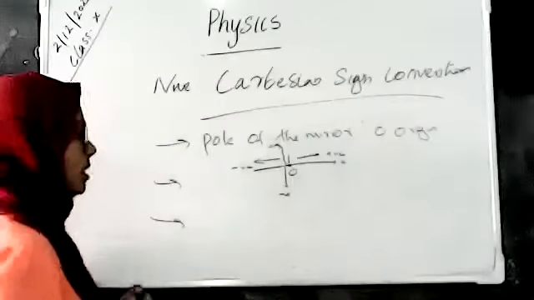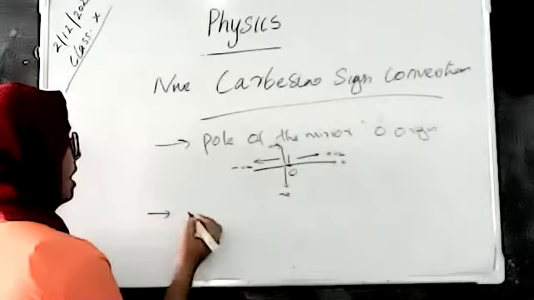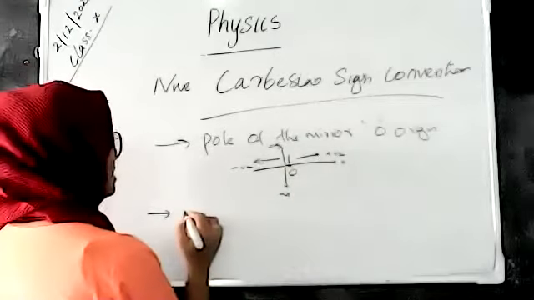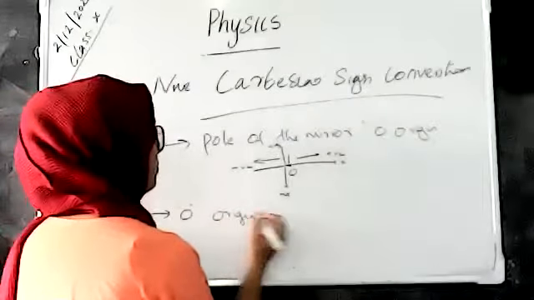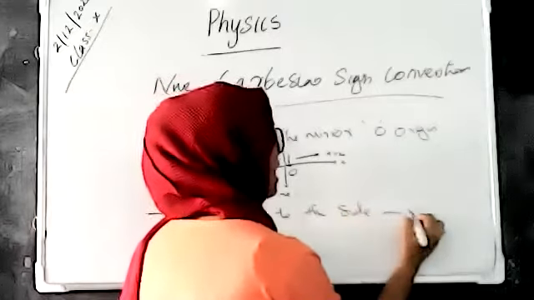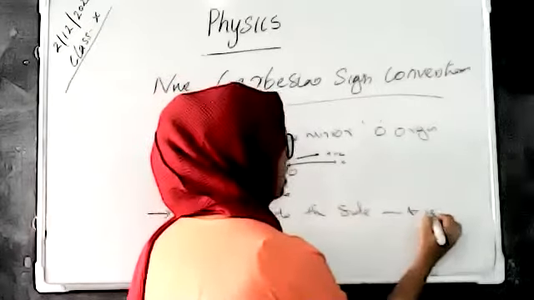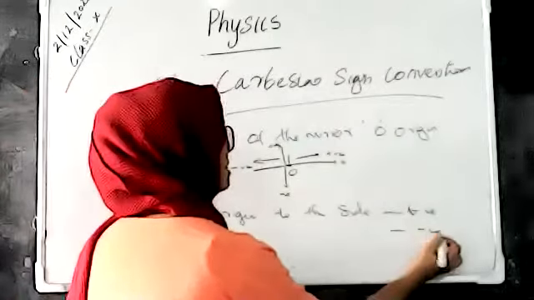And the second point is that from the origin to the right side, it is taken as positive, and the opposite of that is taken as negative.